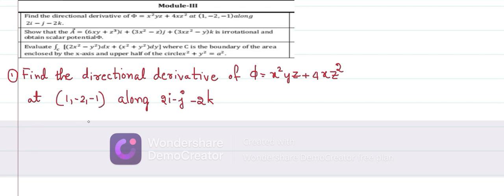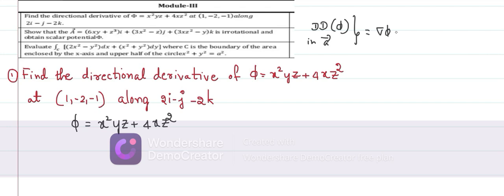First let us write the given thing. What is the given thing here? Phi equals x square yz plus 4xz square. Okay, so we all know the directional derivative of the scalar function phi in the direction of a vector a is equal to the gradient of phi into the unit vector.